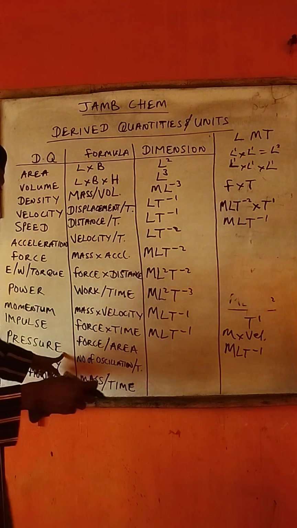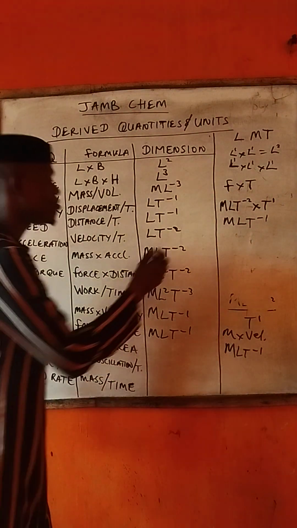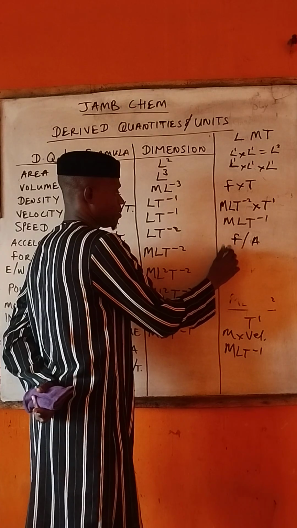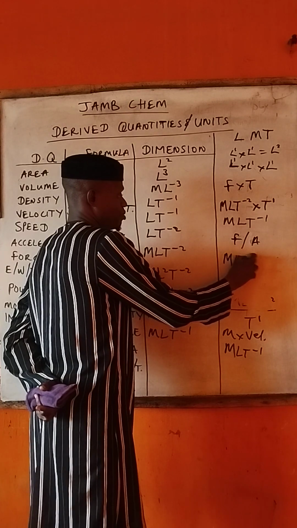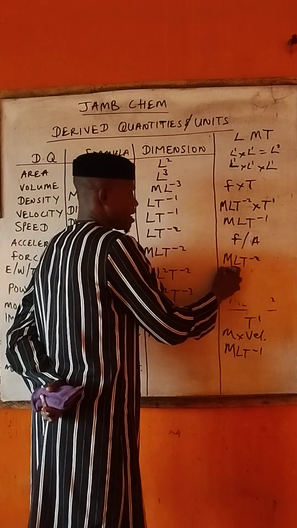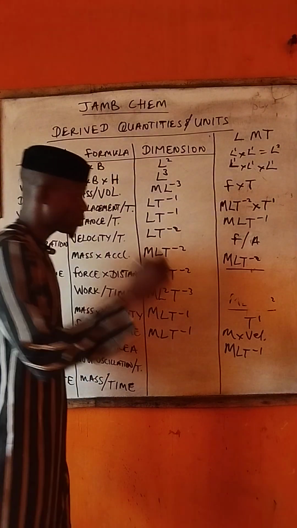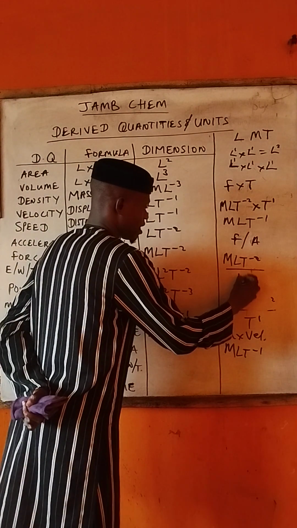Now, pressure is force over area. Force is MLT raised to minus 2, divided by area, which is length times breadth, that is L squared.